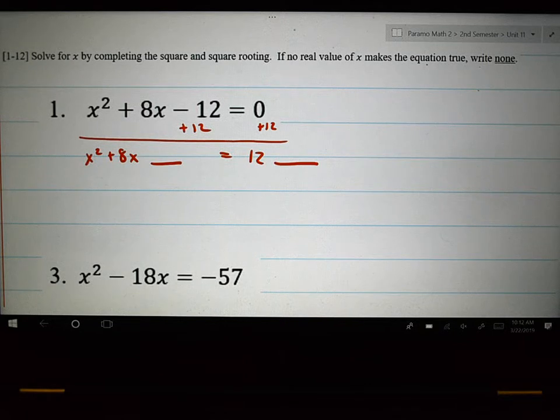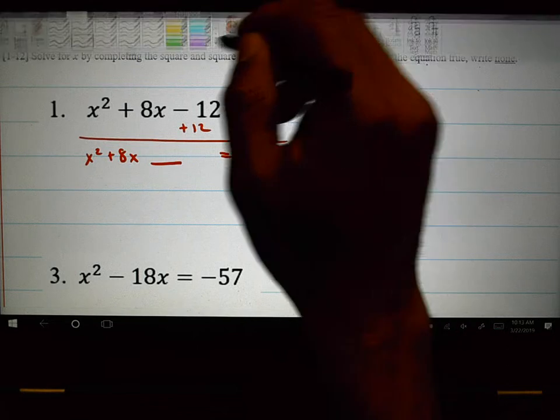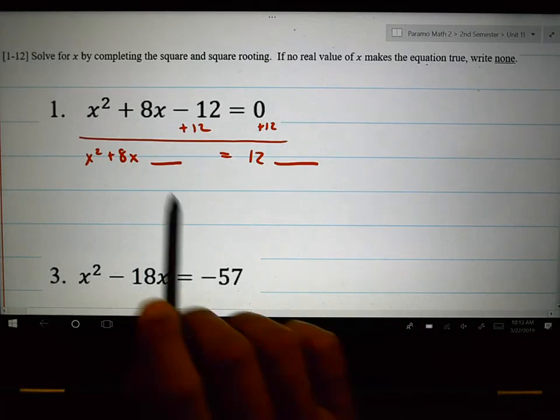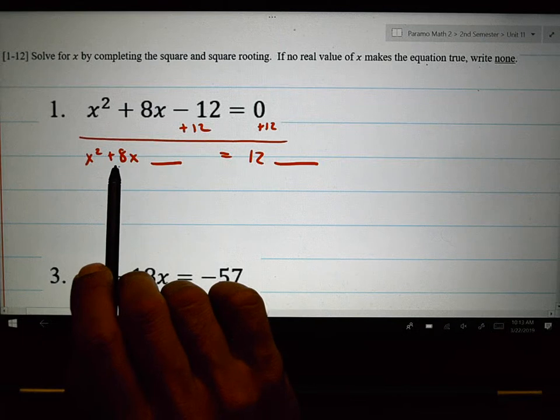I think that's step 3. What does step 3 say? Somebody read it for me because I don't know. So we need to add b divided by 2, or half of b squared. If I need to add half of b squared, it's based off of this number.